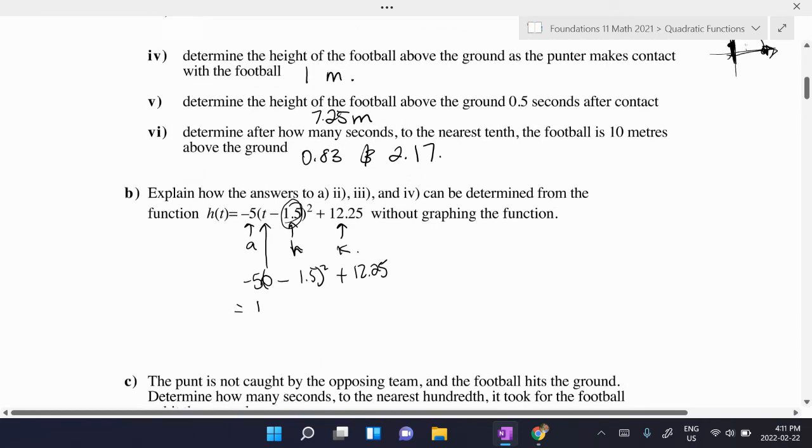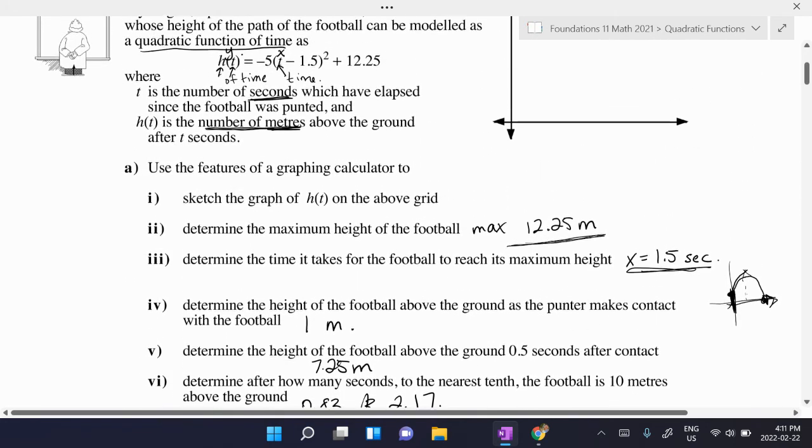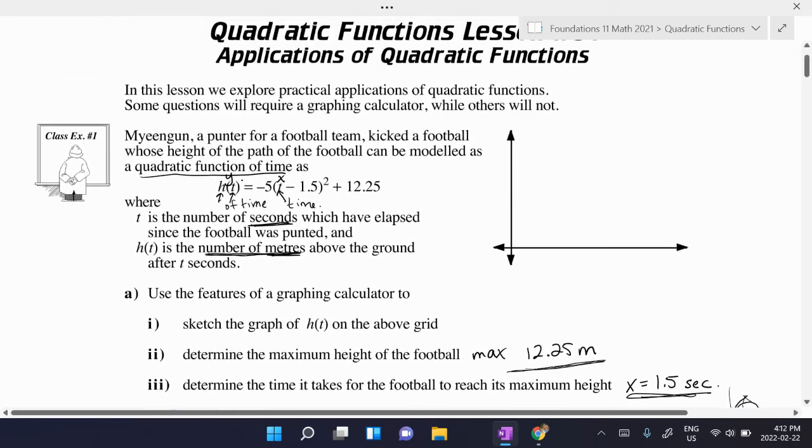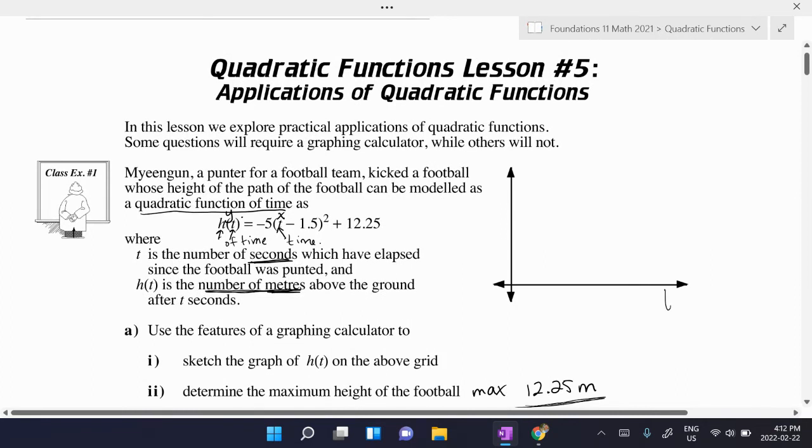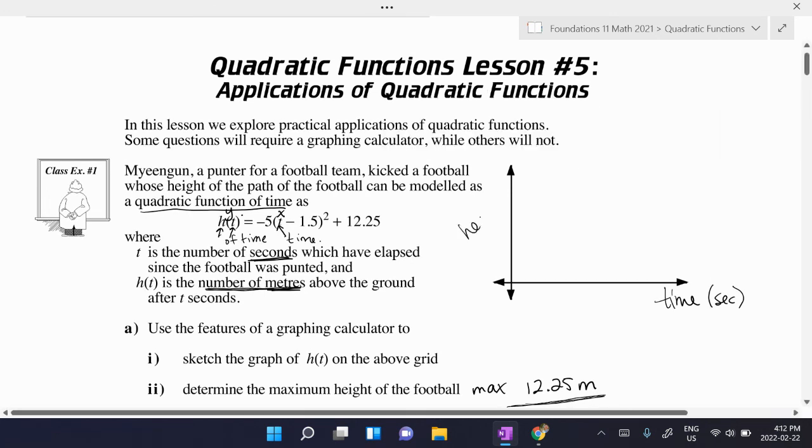All of this is about figuring out what those numbers mean, what your x is, what your y is. This is time in seconds, and this is height in meters.